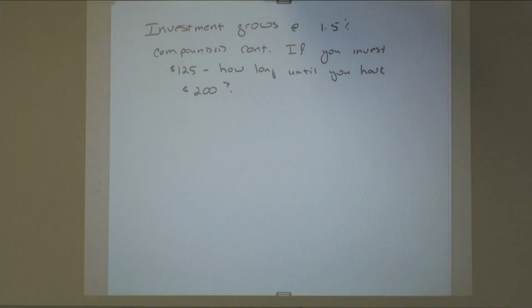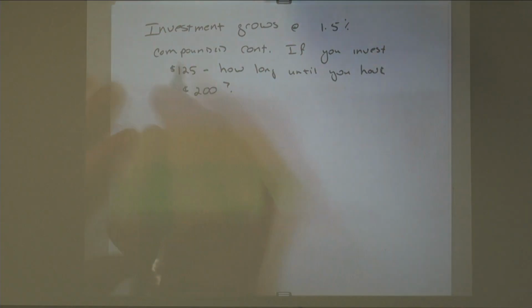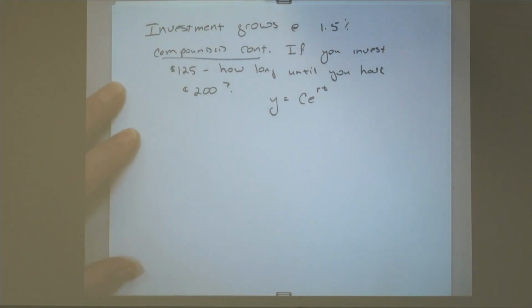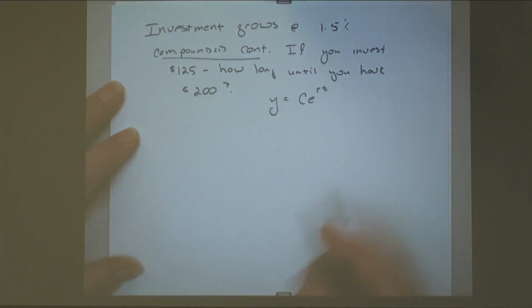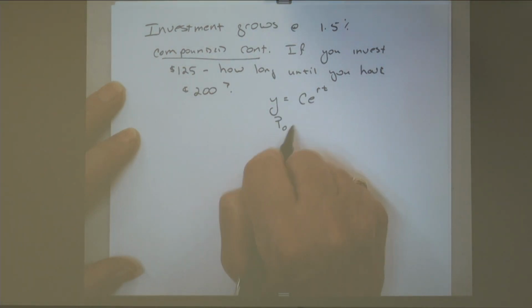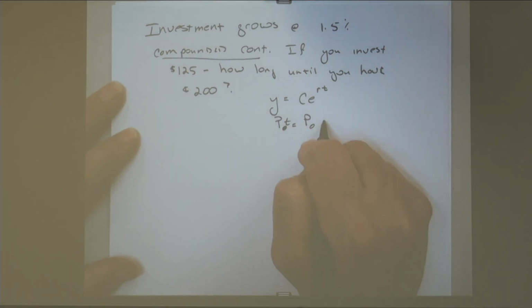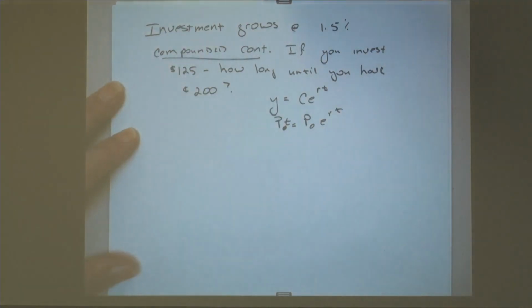So what you need to recognize on this question, the compounded continuously puts you into this equation. If we're talking about money, it's usually principal at time 0. Principal at time t is principal at time 0 e to the RT, the PERT equation, which we've looked at before.